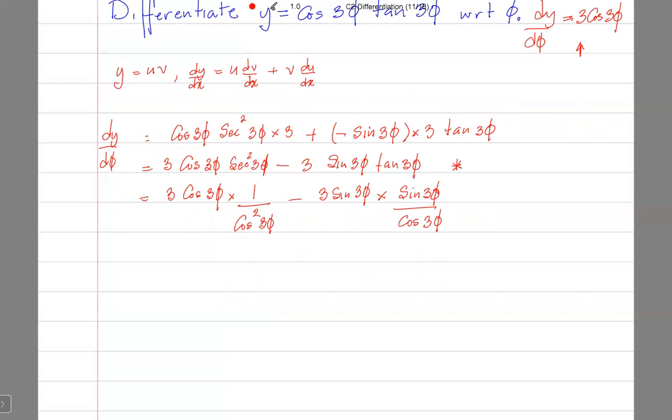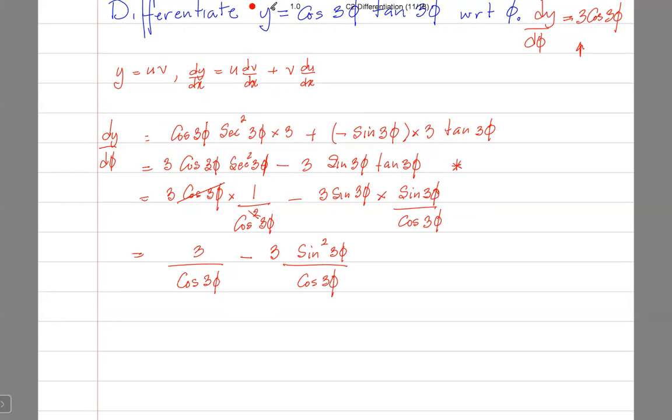Obviously this cos here is going to cancel one of the cos at the bottom. So over here, I just have 3 over cos 3 phi. And to the right, I'm going to have minus 3 sine 3 phi times sine 3 phi, which is sine squared 3 phi, over cos 3 phi.